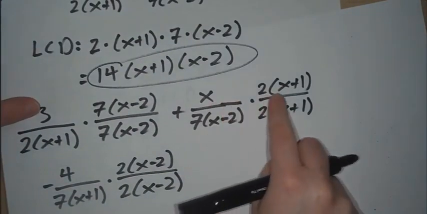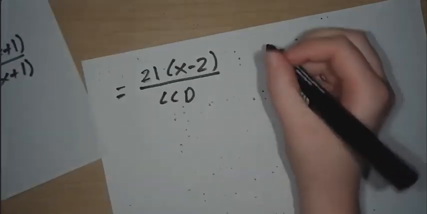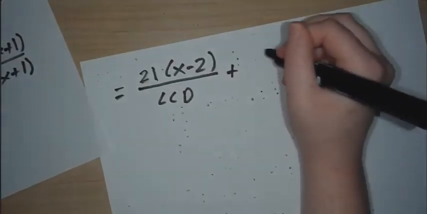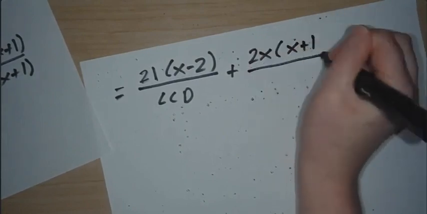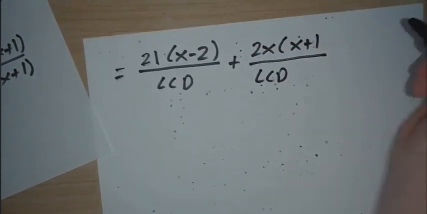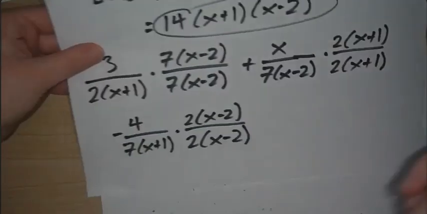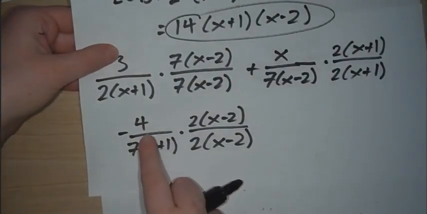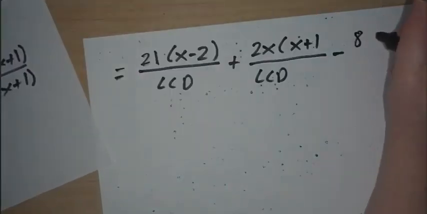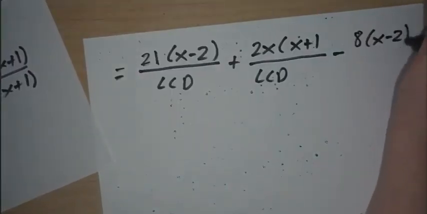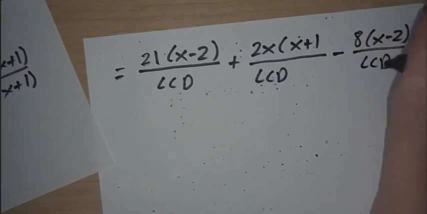And now for x times 2 times x plus 1, we have 2x times x plus 1 over our LCD. Subtract. For this last fraction, we have 4 times 2 times x minus 2, so that's 8 times x minus 2, all over our LCD.